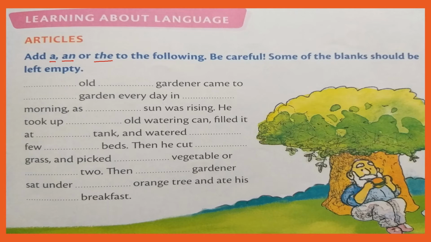Using the articles. So old, you should say an old. An old gardener.